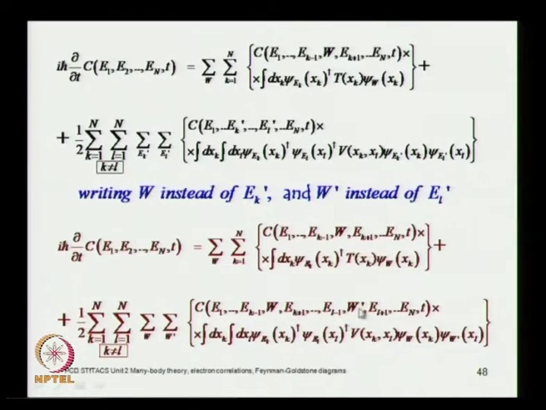So, they get replaced respectively by W and W prime. Likewise, in the integral you have got the coefficients E k prime and E l prime here, and these get replaced by W and W prime over here. So, it is just the same expression rewritten with the W's instead of the E's.